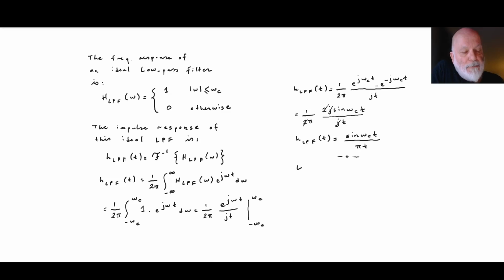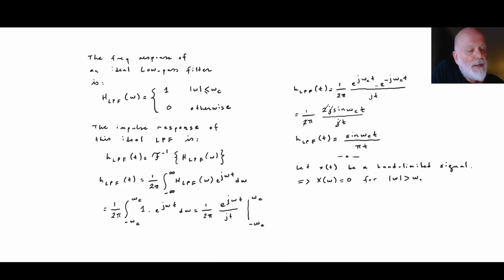So let x of t be a band limited signal, which means that X of omega, the Fourier transform of x of t, is equal to 0 for absolute value of omega greater than omega m.